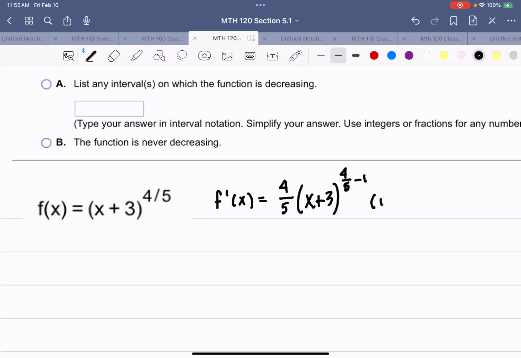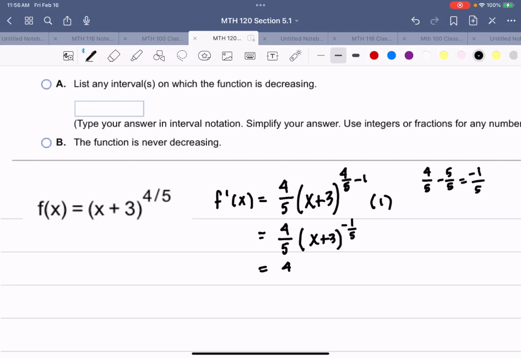And I'll go ahead and do the chain rule here, but the derivative of x plus 3 is 1. So this becomes 4/5 times (x plus 3) to the minus 1/5. That's 4/5 minus 5/5. It's minus 1/5.